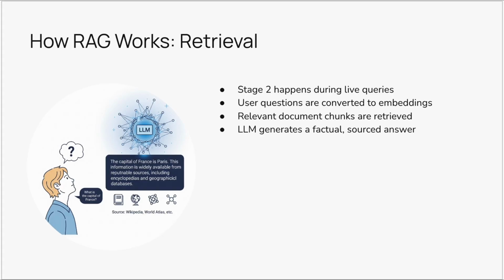This is the retrieval part. We then take these relevant chunks, which we can call context, and augment the user's original question. We pass this new combined prompt to the LLM. This is the augmented part. Finally, the LLM generates an answer using only the facts from the context we provided.